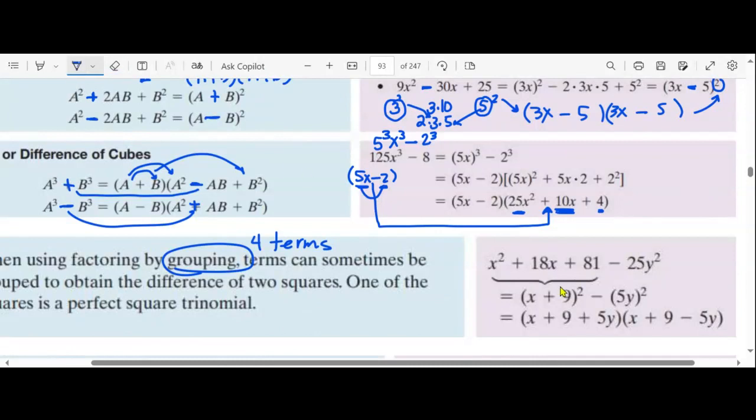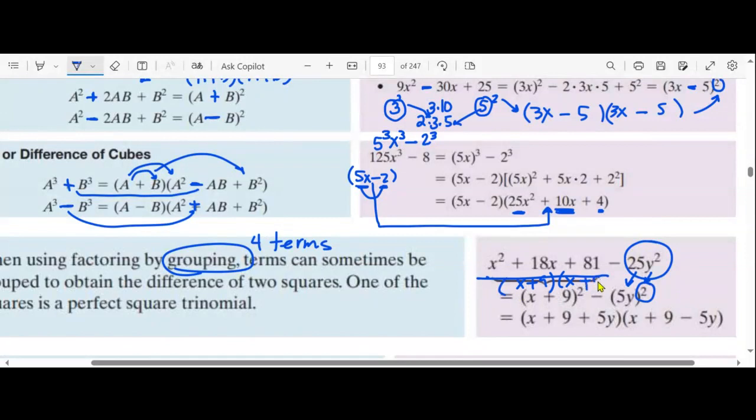Here I have (x plus 9) all squared minus 5y squared. So this one is what? 5 squared. And this one, y squared, right? Because this gives you what? 25y squared, right? What about this one? This one is just normal factoring, which is x plus 9, because this one is x plus 9, x plus 9.